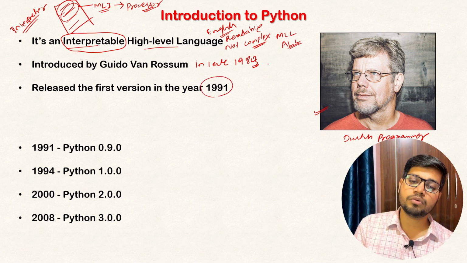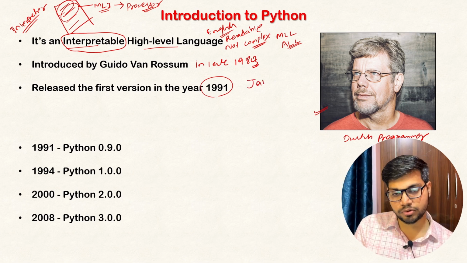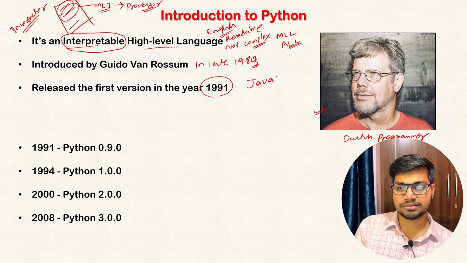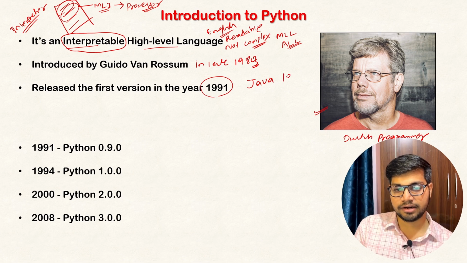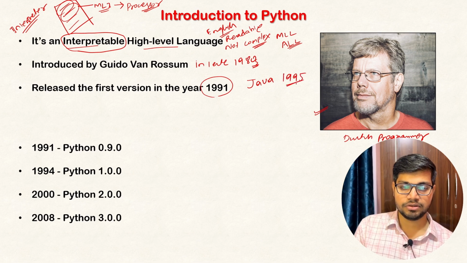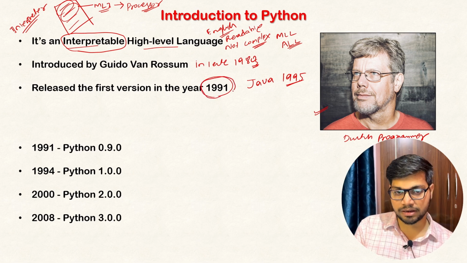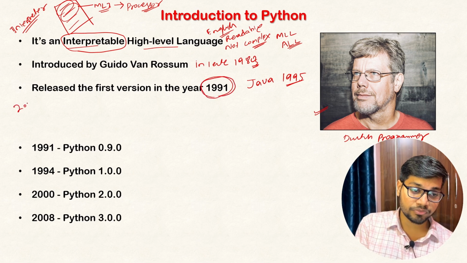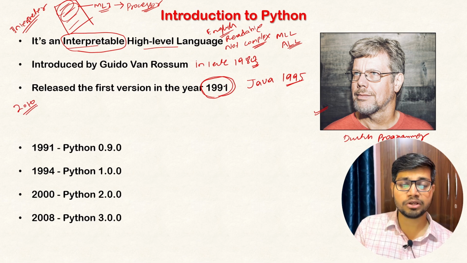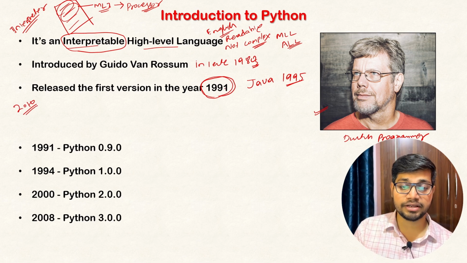If you know, Java is also a high level language and was released in 1995. So, even though Python was released before Java, until 2010 Python did not gain as much popularity as Java.